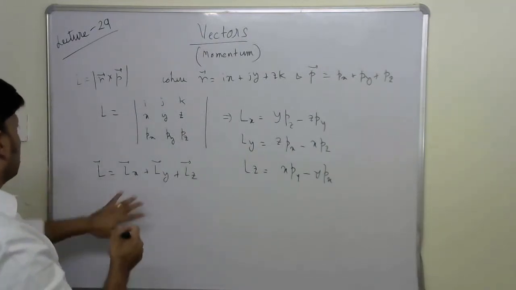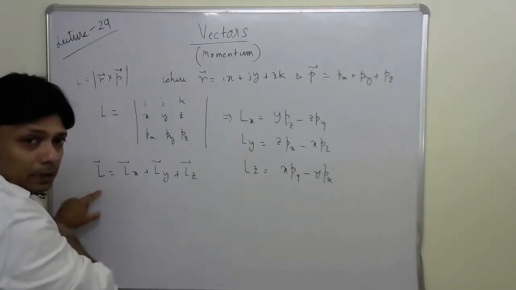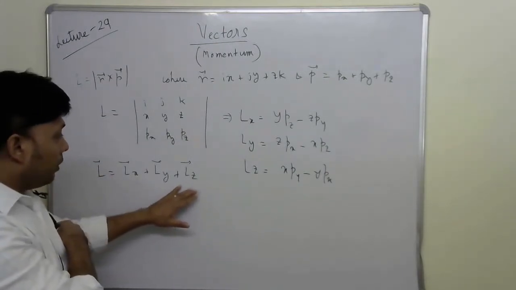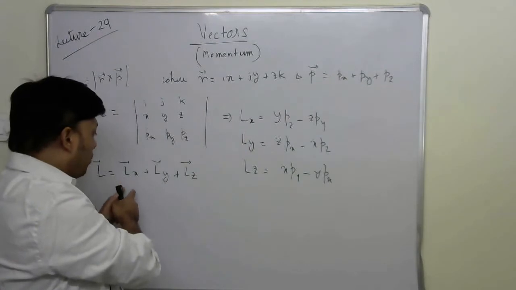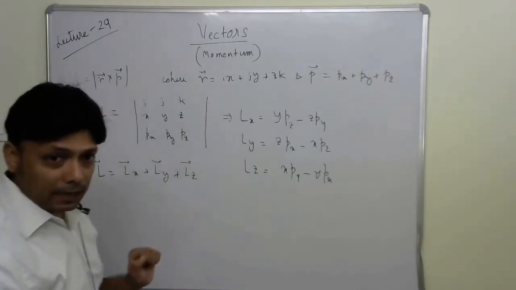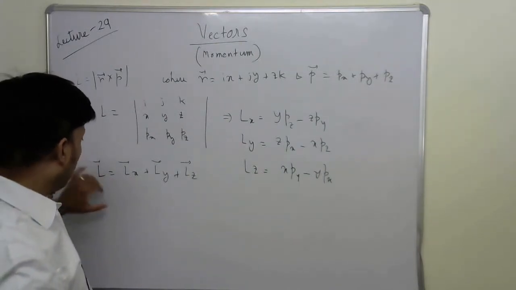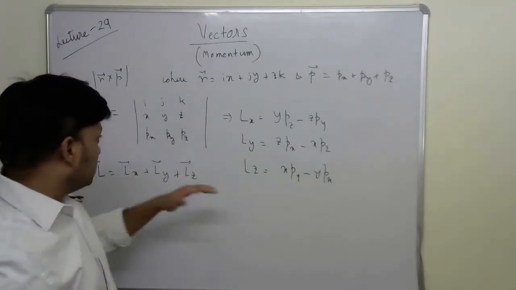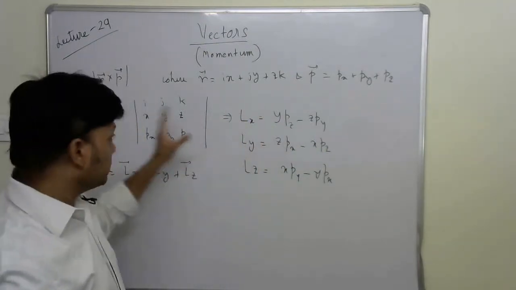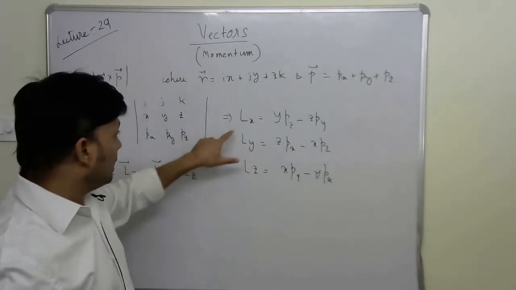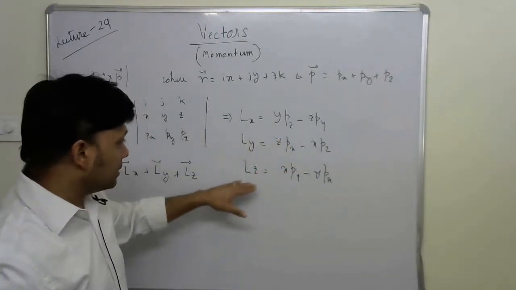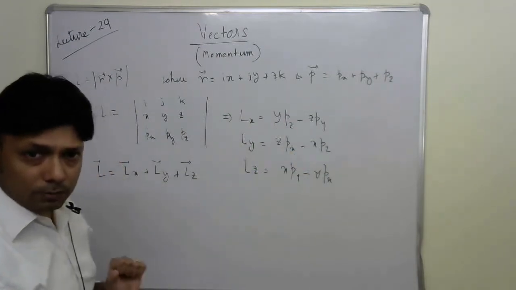The resultant cross product is called the angular momentum L, which can be resolved into three mutually perpendicular directions: Lx along the x direction, Ly along y, and similarly Lz. From the product R cross P, we can easily identify Lx, Ly and Lz. This simply came from the cross product.